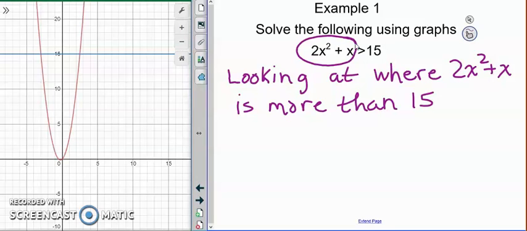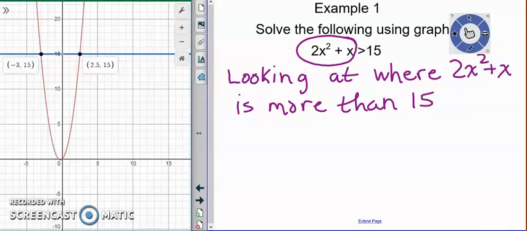So if we look at Desmos here, we have this point here. We have this point here. These are points where they intersect. So at -3, 15, and 2.5 and 15 is where they intersect. So I'm going to write this out.